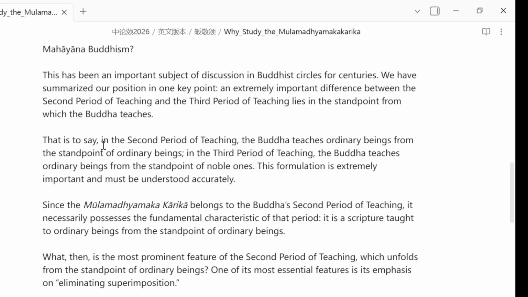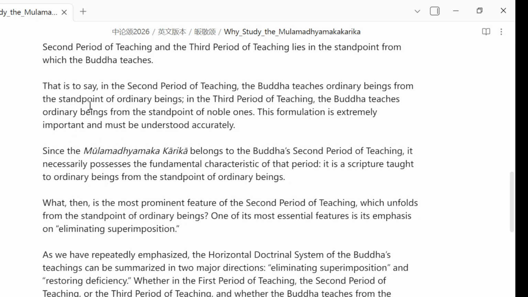That is to say, in the 2nd period of teaching, the Buddha teaches ordinary beings from the standpoint of ordinary beings. In the 3rd period of teaching, the Buddha teaches ordinary beings from the standpoint of noble ones. This formulation is extremely important and must be understood accurately.